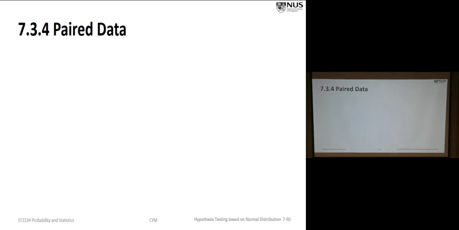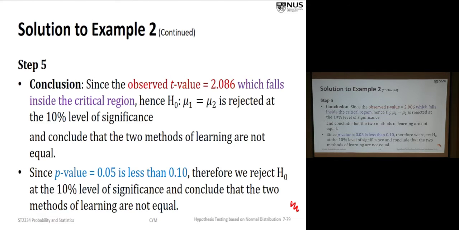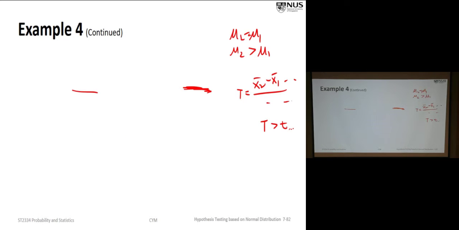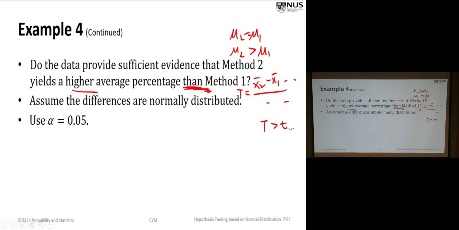We are not given it, so we have to calculate it ourselves. You have to estimate it. So it's a T distribution with some degrees of freedom, and then alpha equals 0.05.